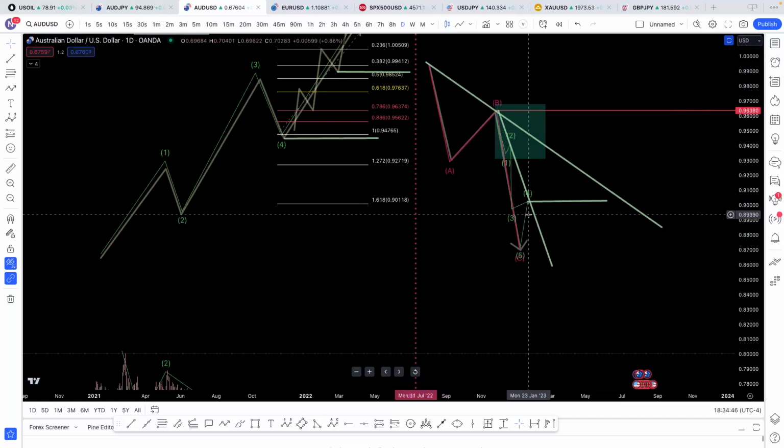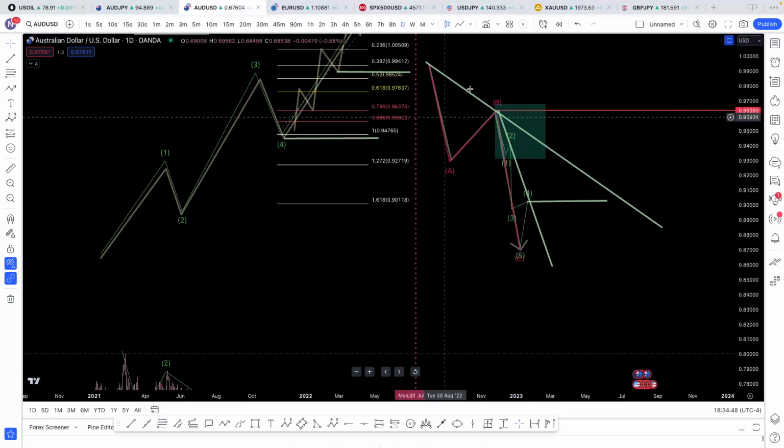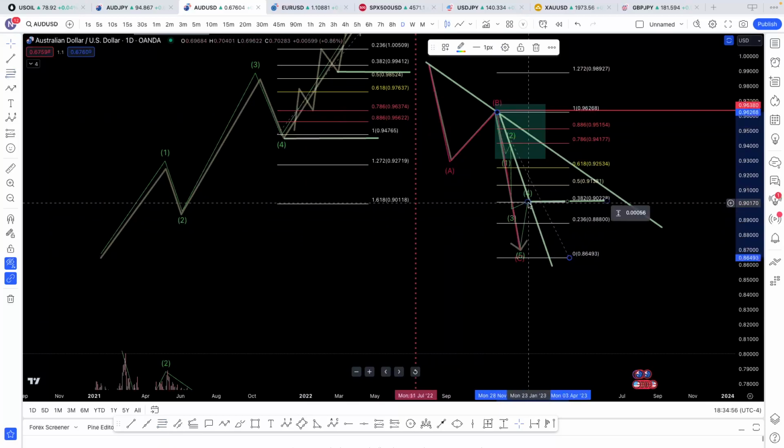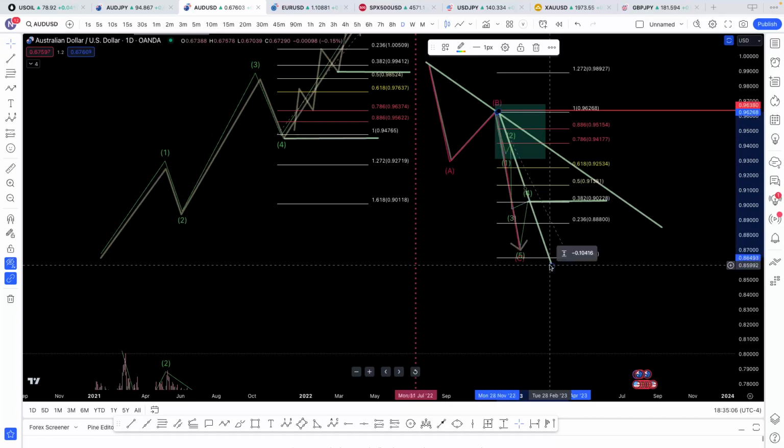So I'm going to fib from B to C, and the fib is at the 382 for the 4th wave for this particular triangle.